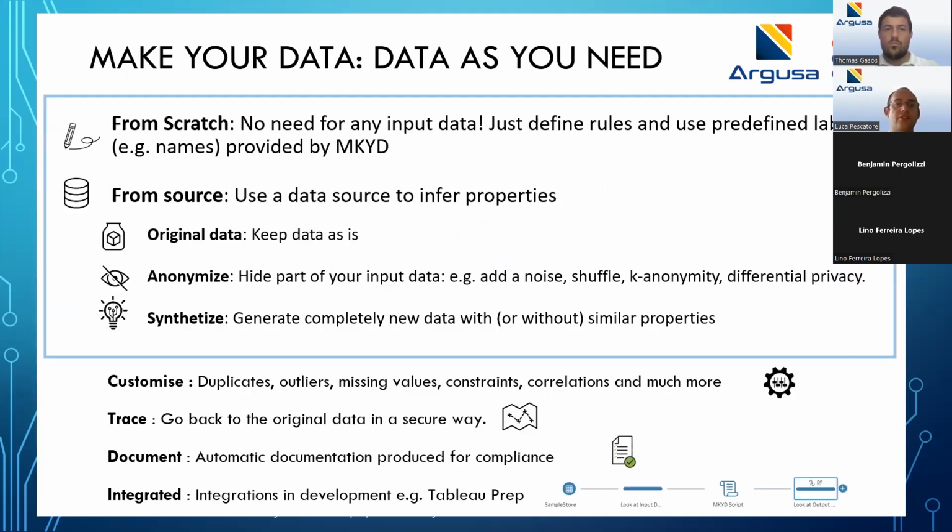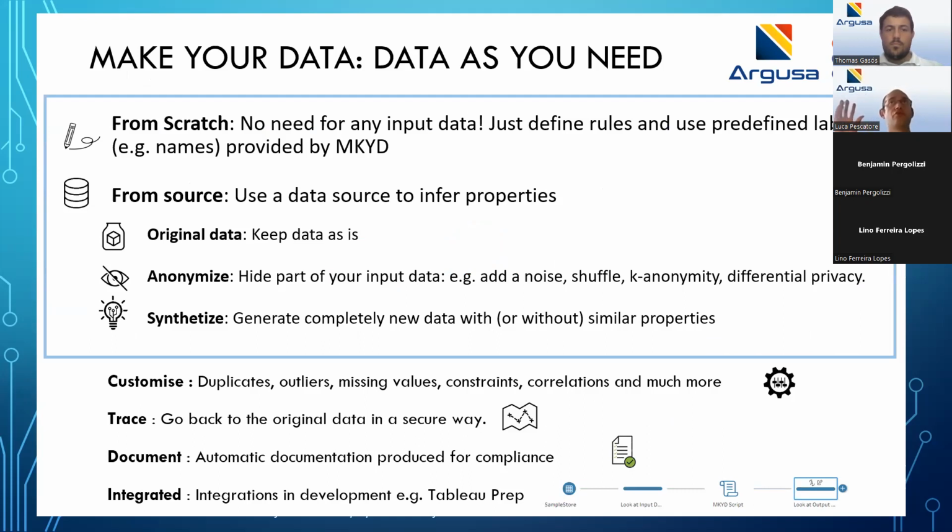And now more insights on the functionalities that are provided. There are two modes essentially: from scratch, which corresponds to completely rule-based, and from source, where you can do statistically generated data. And if you use a source, you can have different levels.